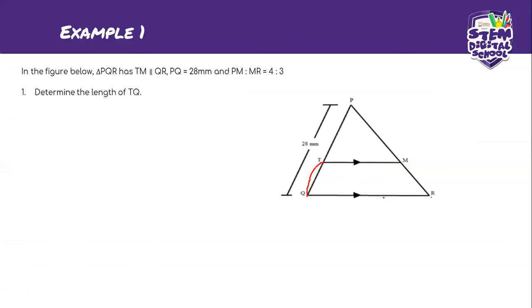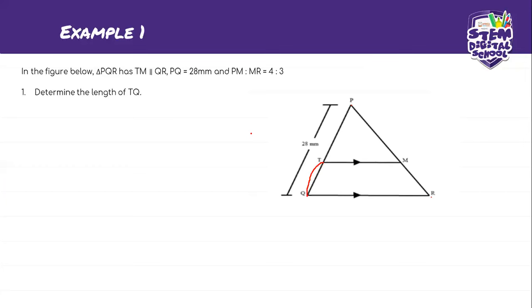So every time you come across a triangle that has a line parallel to one side, you must know that you are dealing with proportionality, right? Meaning the ratio of this side here is equal to the ratio of this side.